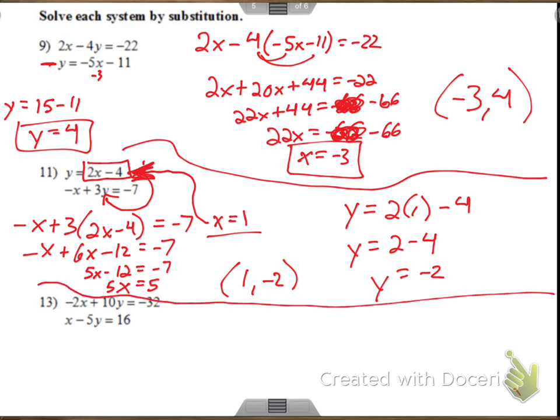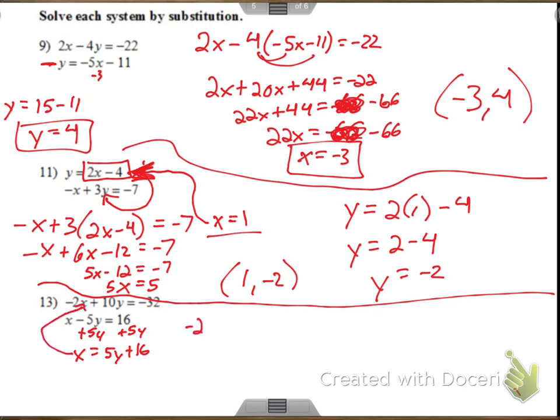All right, a couple more and we're done. This one I see would probably be the easiest if I just added 5y in the bottom equation, because that would give me x. It's just one step, so x is equal to 5y plus 16. Then I have to take this and plug it into the second one.